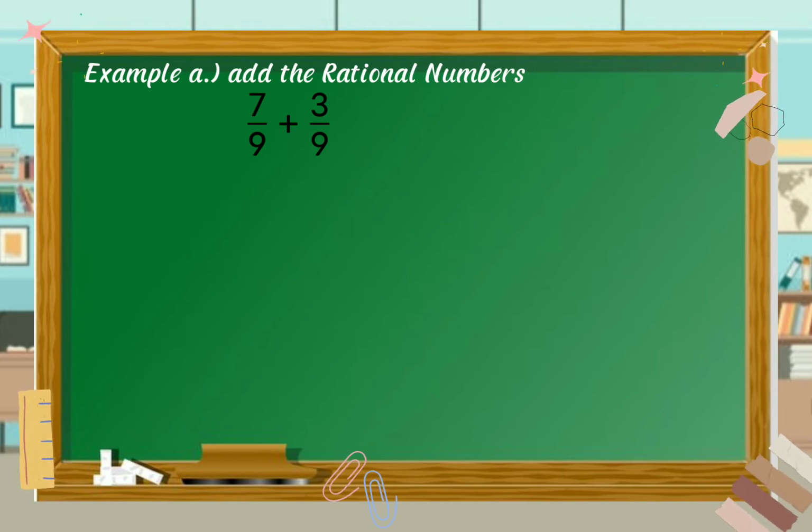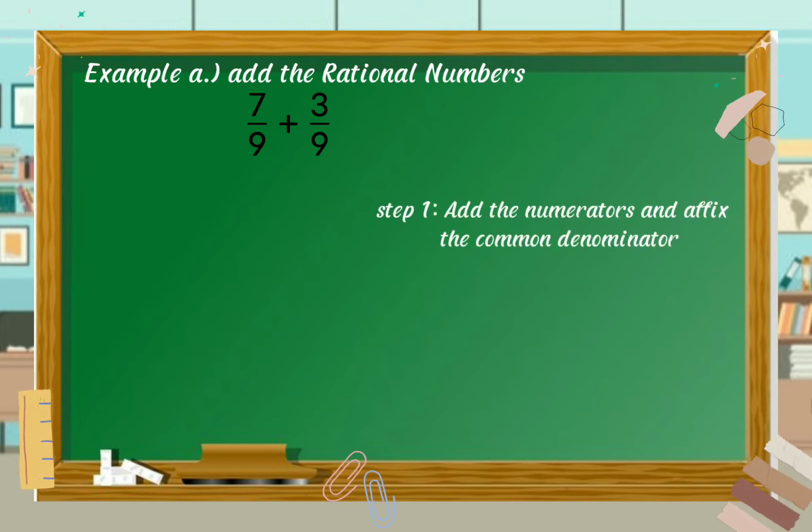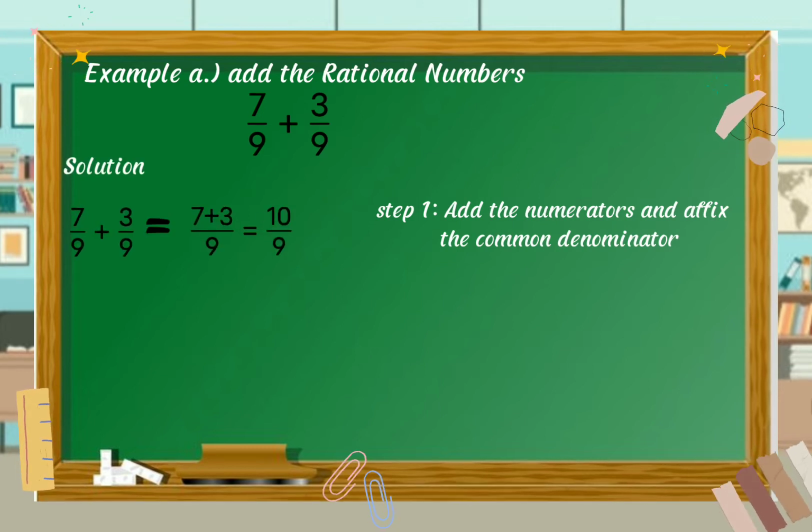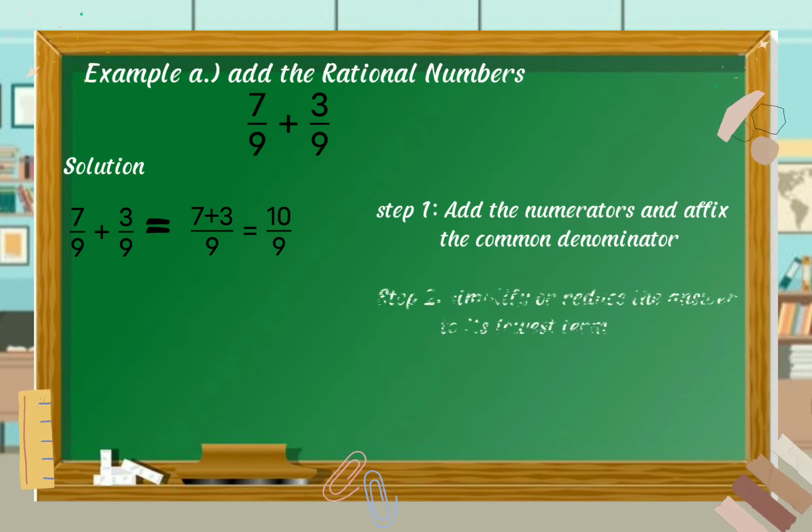In order to add these numbers, let's perform the first step. Add the numerators and affix the common denominator. Here, we need to add 7 and 3, then copy the common denominator 9 so that we can have the sum of 10 over 9. Afterwards, let's perform the second step, which is to simplify or reduce the answer to its lowest term.